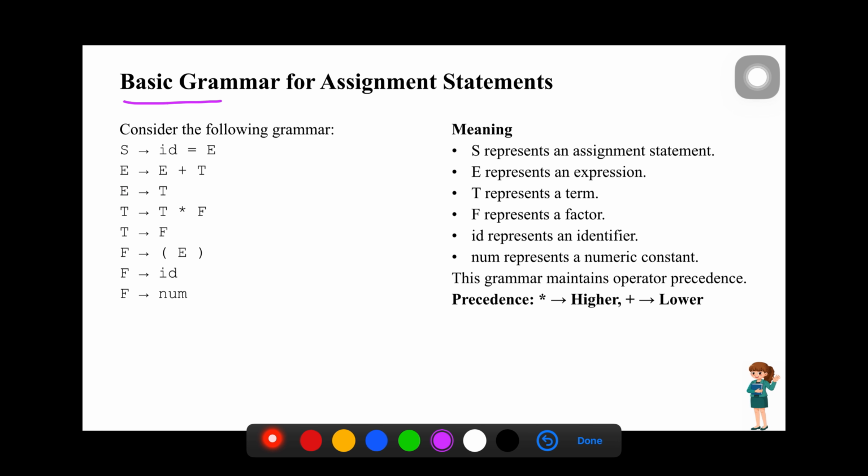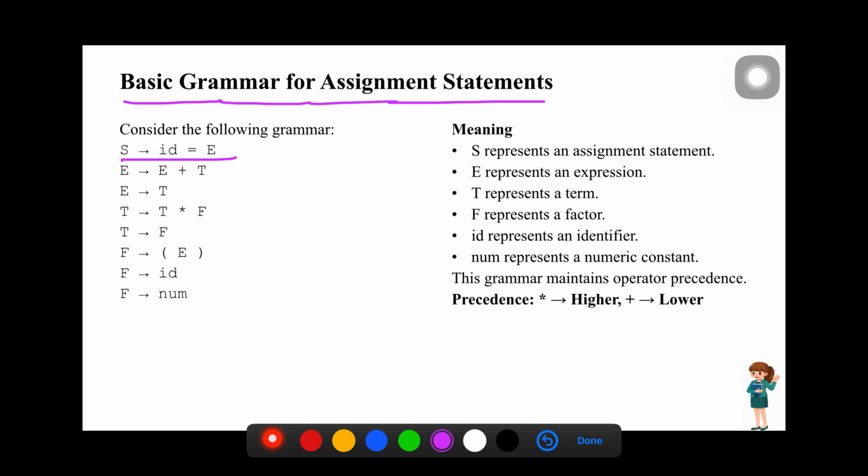Basic grammar for assignment statements. Now let's look at the grammar used for assignment statements. We have the production S produces ID equals E. This means the assignment statement consists of an identifier, an equal sign, and an expression. The expression can contain addition, multiplication, parentheses, identifiers, and numbers. For example, A plus B into C is represented using the grammar.